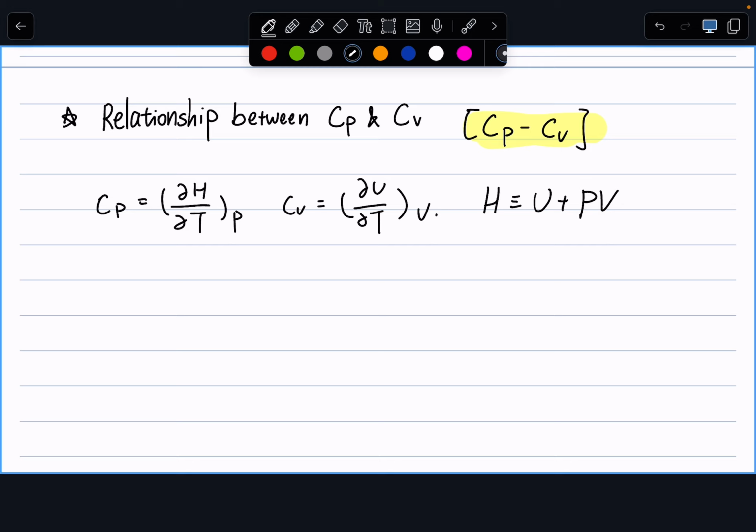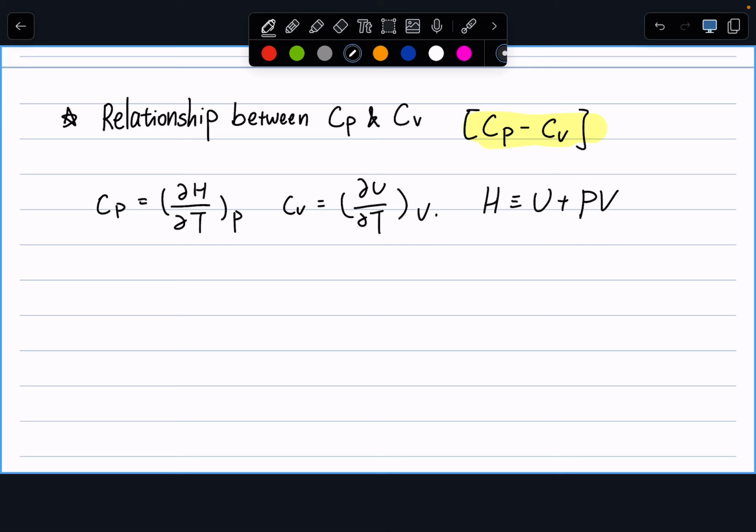In that case, let's just say we know that U is a function of temperature and volume. You can try the same kind of calculation using temperature and pressure; mathematically, it should give you the same result. Now, we're just set to say internal energy is a function of temperature and volume. We can write out the total differential of this internal energy, which you can do for any function with two variables.